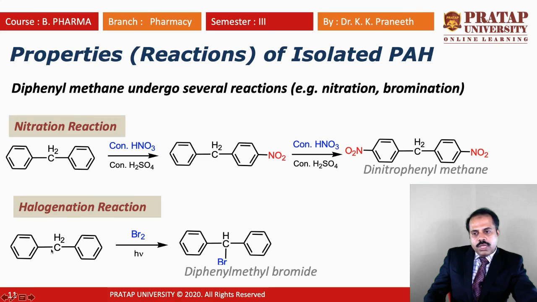So, first it will go here only. So, it will form this monobromo, diphenyl methyl bromide or monobromo diphenyl methane, right. So, these are the two important reactions of the isolated PAH, that is diphenyl methane.